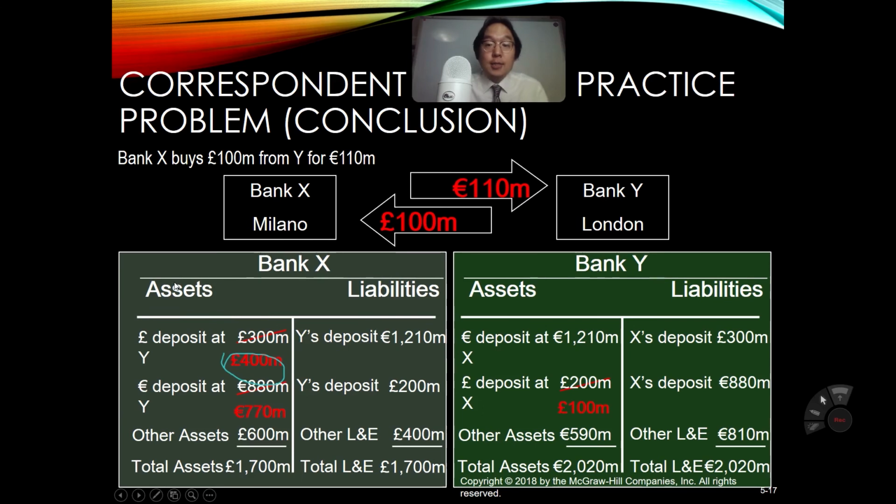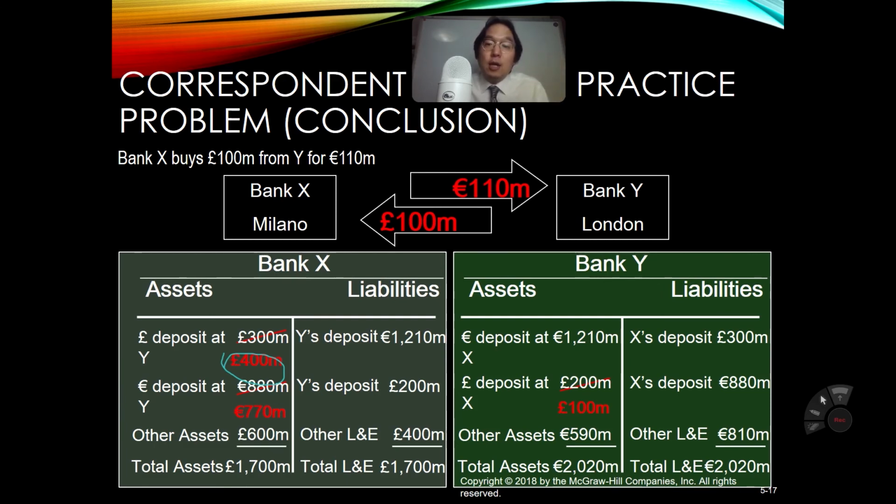The next is that the 100 million pounds increase for Bank X, but for Bank Y, 100 million pounds should be decreased, to reflect the reality. And then what happens next? Well, I got 100 million pounds in exchange for 110 million euros, so I gave it to you. So my euro account asset should decrease by 110 million euros.